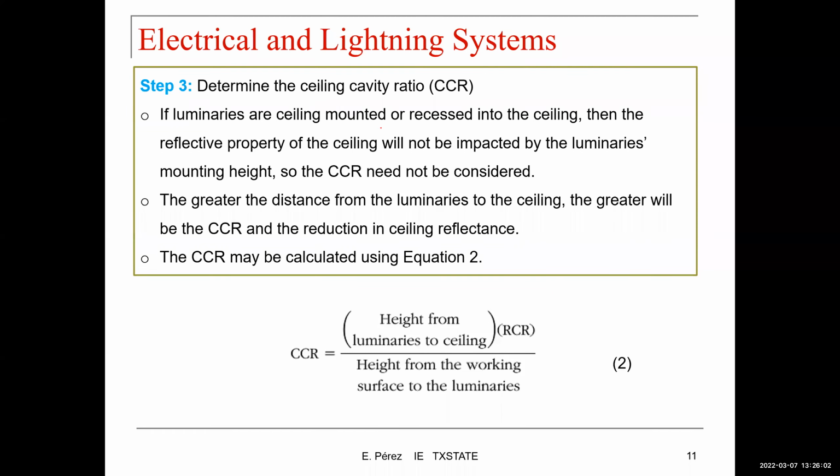It is equal to the height from the luminaires to the ceiling, again, if they're hanging, you have to measure that distance between the roof and the lights, multiplied by the room cavity ratio, which we computed in the previous slide, all divided by the height from the working surface to the luminaires. So this is going to be hanging. You need the distance between the luminaires and the ceiling and the distance from the luminaires to the working surface.